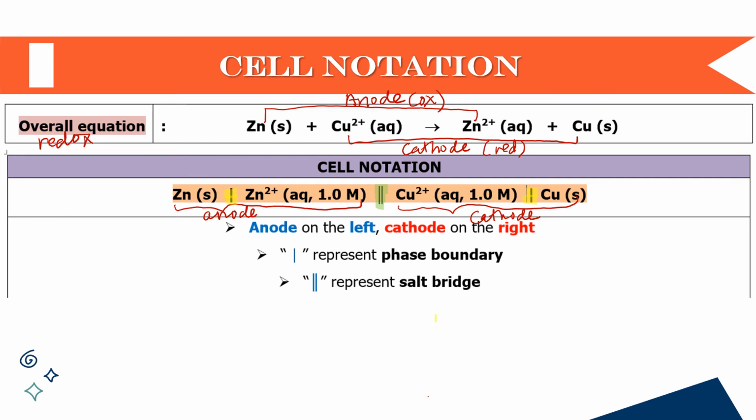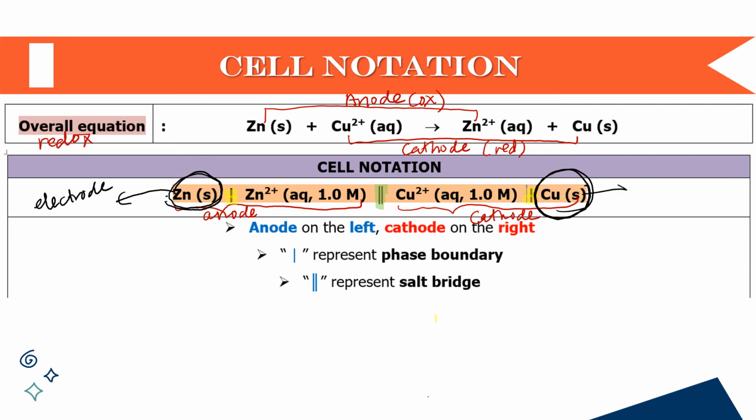If you can see from the cell notation, at the end of the cell notation, it is solid. This represents our electrode.